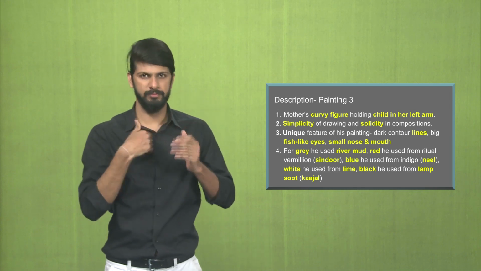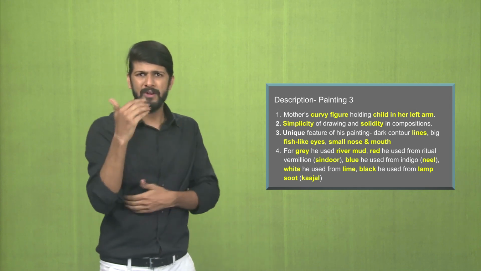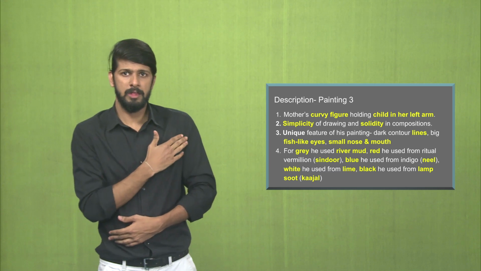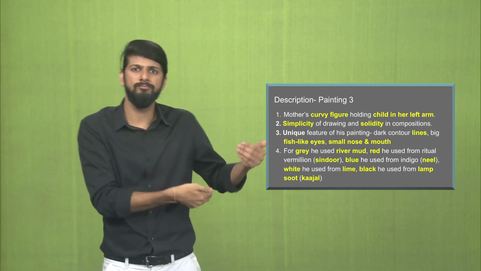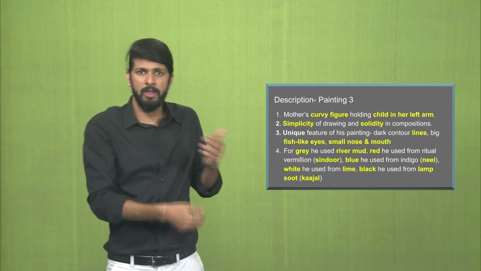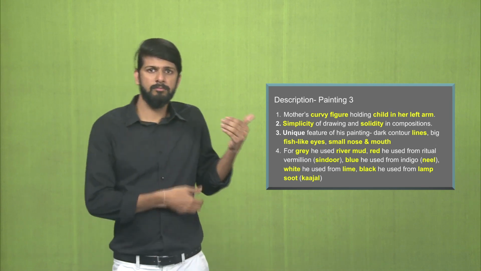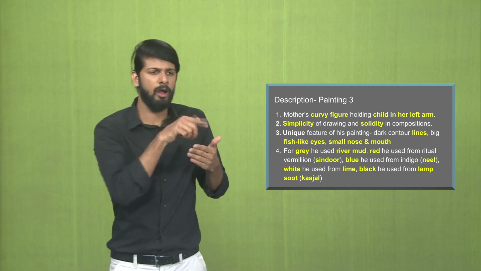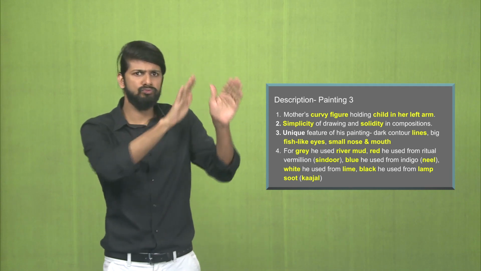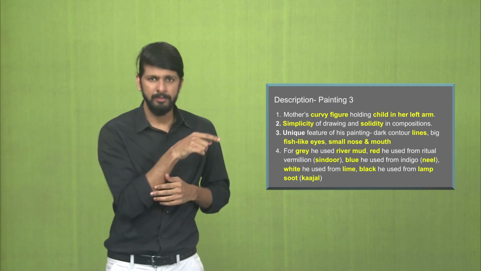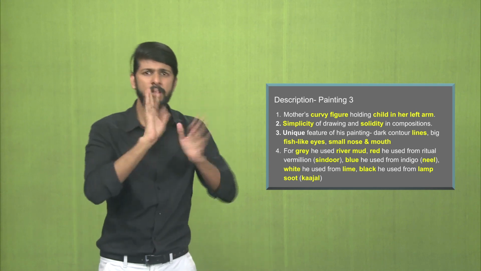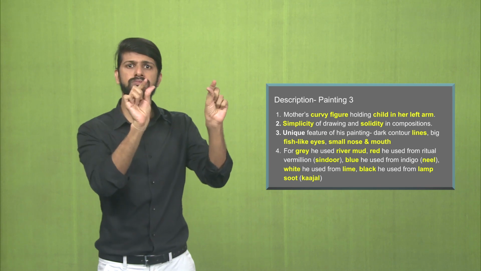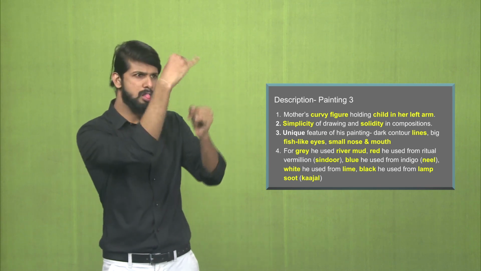Mother and Child description. In the painting, you see the mother's curvy figure holding a child in her left arm. There is a simplicity of drawing, and the composition is solid.